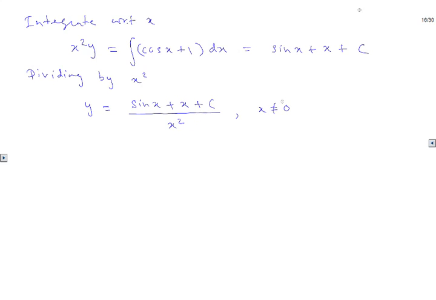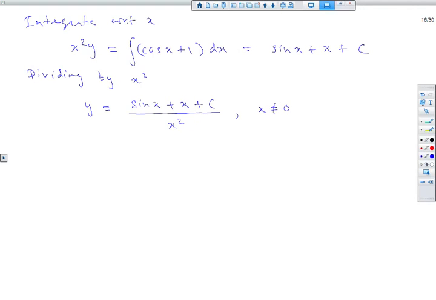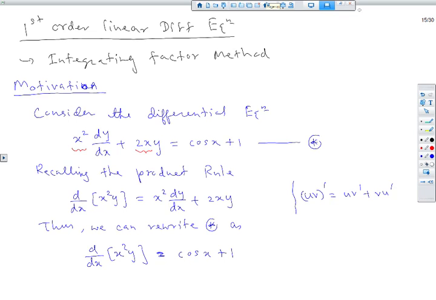It's a really nice argument. Let's go back and see what we did. We started with this differential equation. The major observation is that the left side is the derivative of a product. What product? x² y.